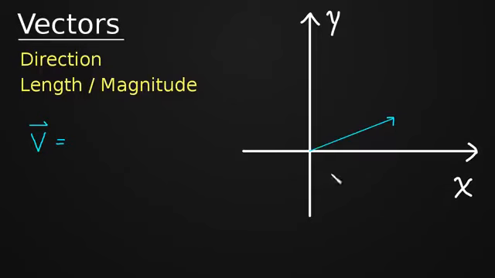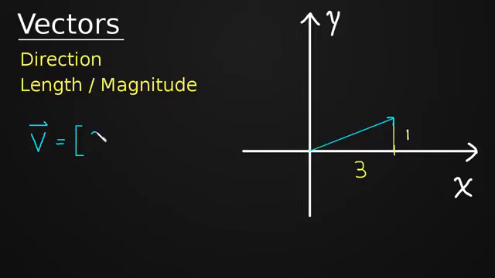Well, this vector moves over a certain amount in the x direction. Let's say, for example, it moves over 3 in the x direction. It also moves a certain amount up in the y direction. Let's say, for example, it moves up 1. Well, now I can say that this vector is equal to its components. So that's a new word for us.